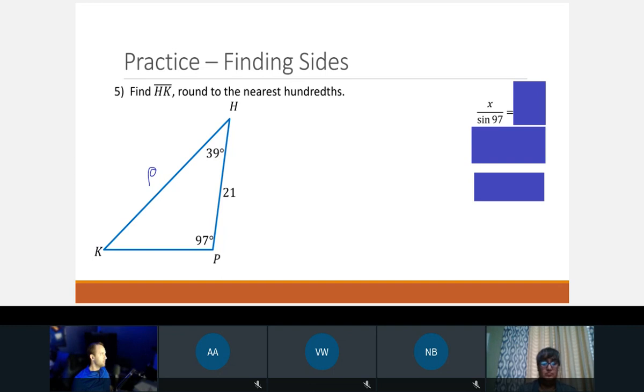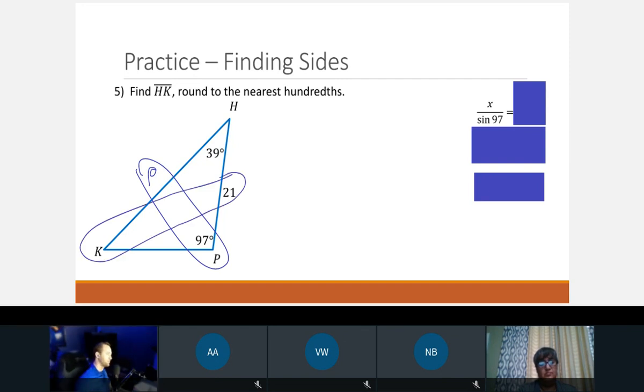We know that these two go together, and we don't know the side length of KP, but we know the side length of HP. So that means we are forced to use these two. The problem is I don't have angle K labeled. How do I find angle K? Because we need it to plug into this problem.